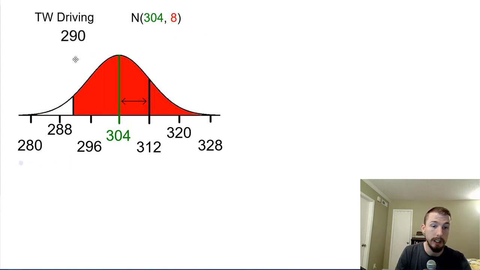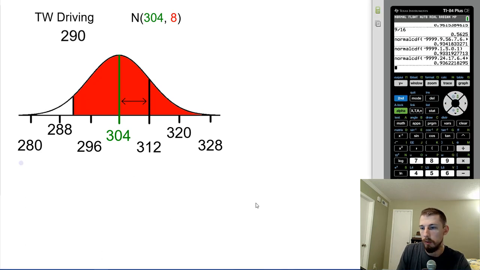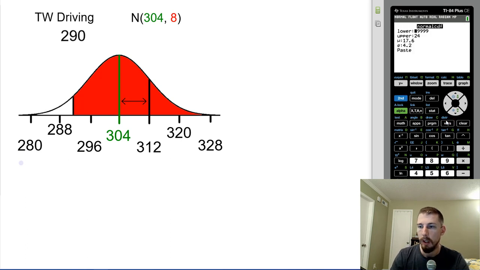So how do we get that area under the curve from the calculator? Well, we do the same thing we've been doing. Second variables, normal CDF again. Our lower bound this time is going to be 290. Our upper bound, we're going to do 999. Again, realistically, we could probably go to 350 and it would be big enough, but just get in the habit of putting a bunch of 9s there because the calculator doesn't care.